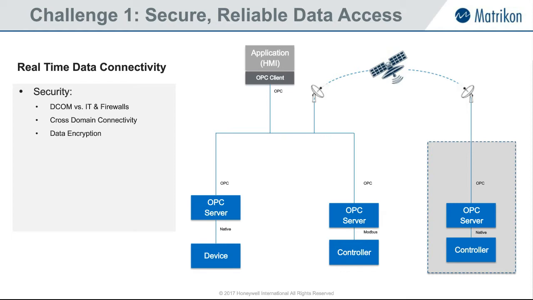OPC has been based on the overall Windows infrastructure, which includes DCOM, Distributed Component Object Model. If you're not into all the details of how the Windows OS works, DCOM is the mechanism that Windows uses to share data amongst its own objects and also between applications, either on one computer or on multiple networked computers.